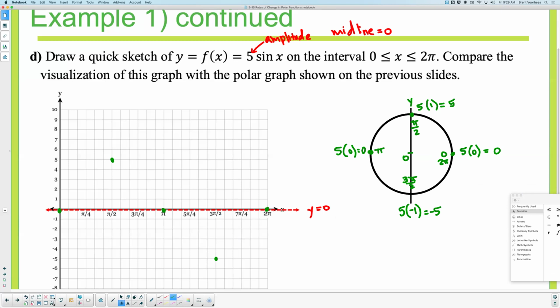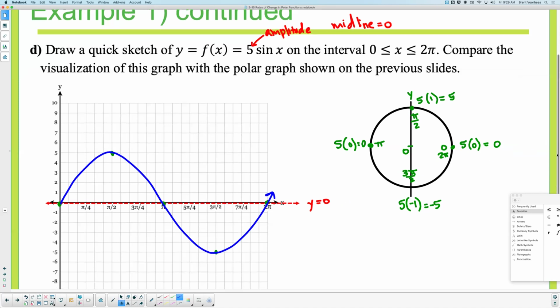And let's see how this compares to what we just said a second ago. If you remember on the previous slide, on part A, we said the maximum r value was 5.